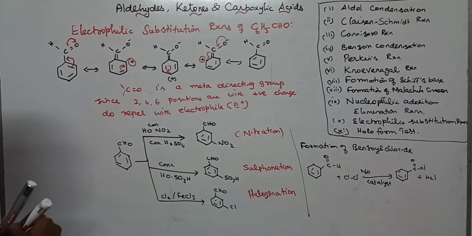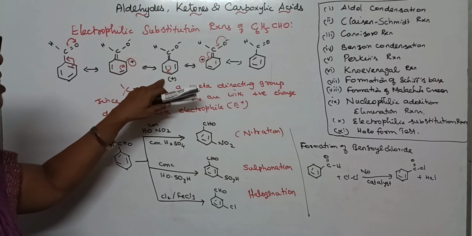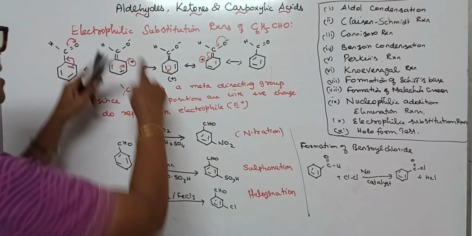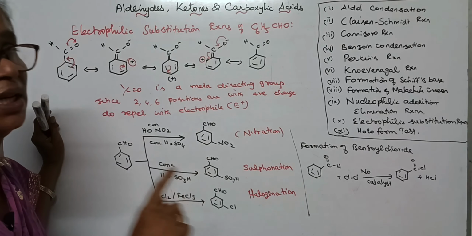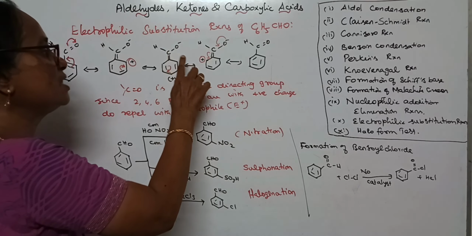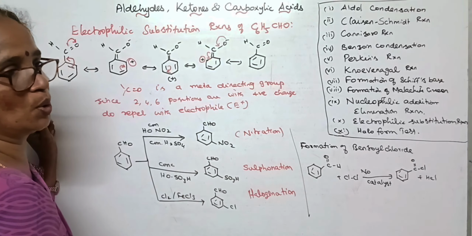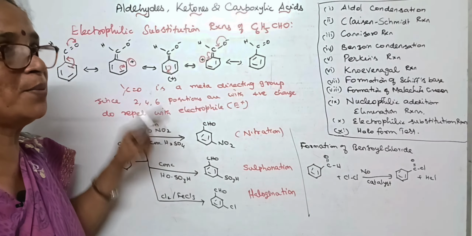So, in these resonance structures, we may find the formation of positive charges at the 2, 4, 6 positions. But electrophilic substitution takes place with the electrophile, a positively charged group. So, this positive charge will repel the electrophile also.